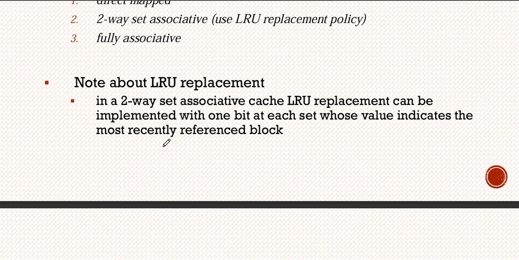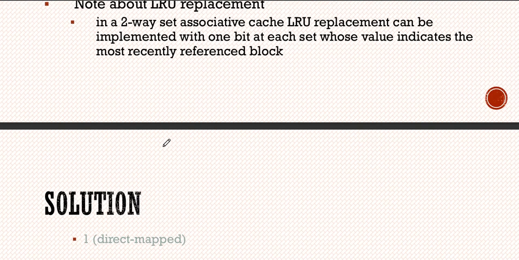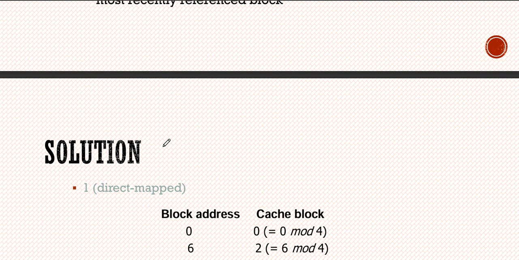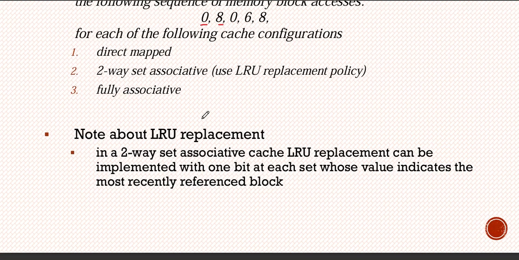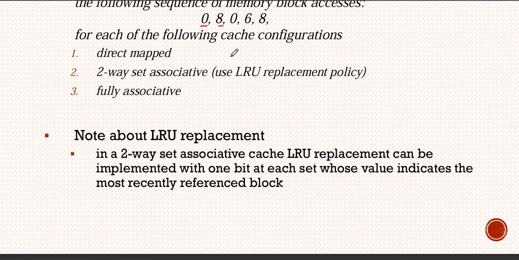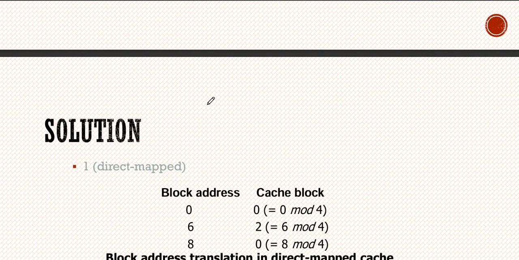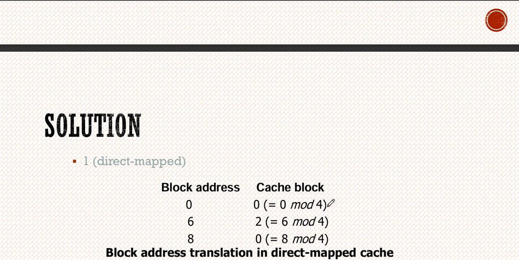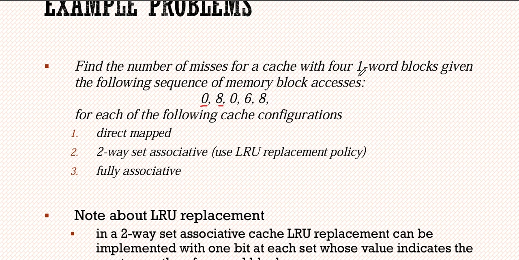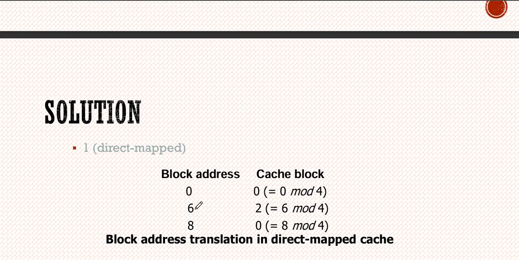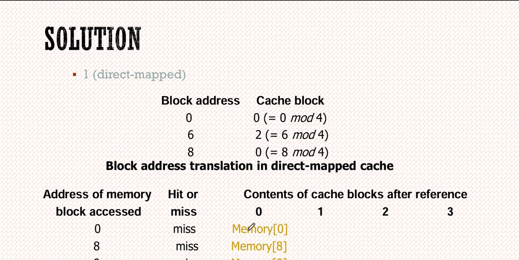Now when you're given a question like that, take time and find how each of the locations given will map into cache. So memory location 0, how will it map into cache? 0 modulo 4, because they say it's a 4 one-word block. 6 maps into 2 and 8 maps onto 0. Do you understand it?